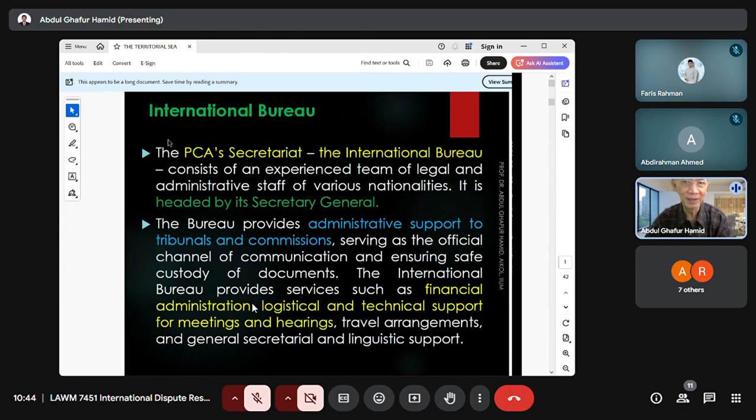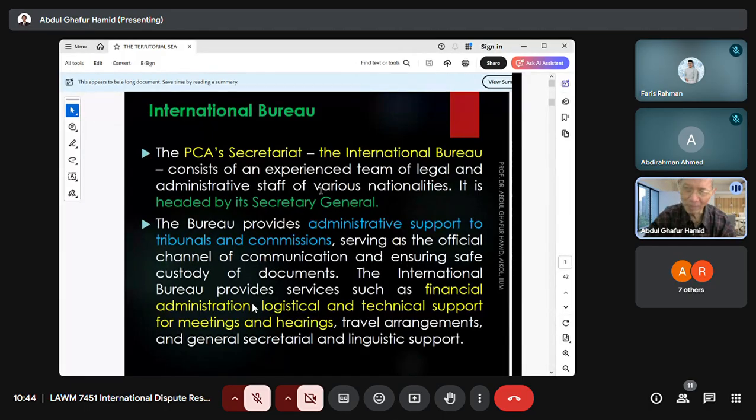It consists of an experienced team of legal and administrative staff from various countries. And this secretariat is headed by the Secretary General of the PCA.